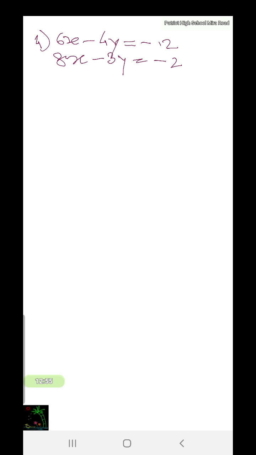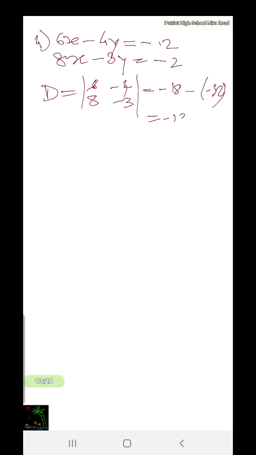Finding D, we have D is equal to the first column 6, 8 and the second column minus 4, minus 3. Cross multiplying, we have 6 into minus 3 is minus 18. Minus of minus 4 into 8 is minus 32. So this is minus 18 plus 32, which is 14.